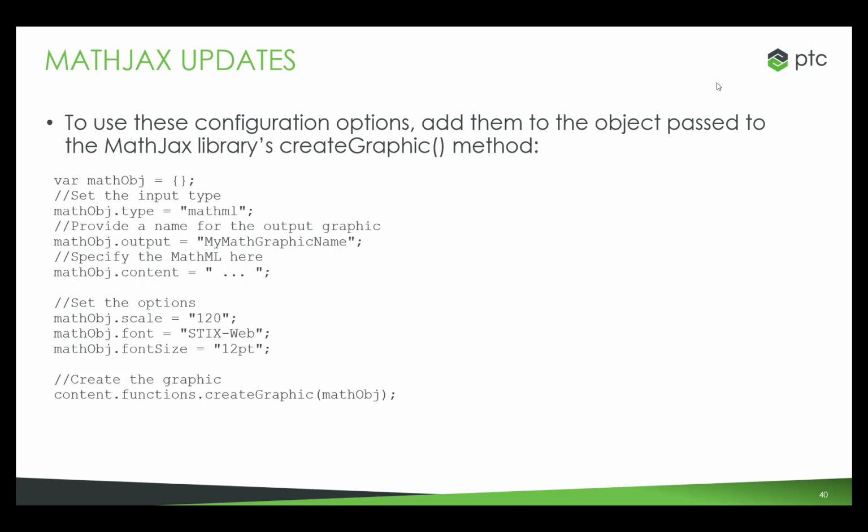Now you can specify the options using different properties on that object that you create and pass to the create graphic method. The options are listed in the documentation, but you can now specify those, and the graphic which gets returned from the create graphic method will follow those options that you've set.